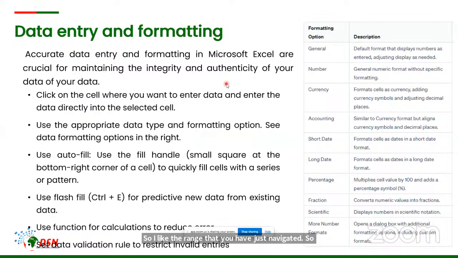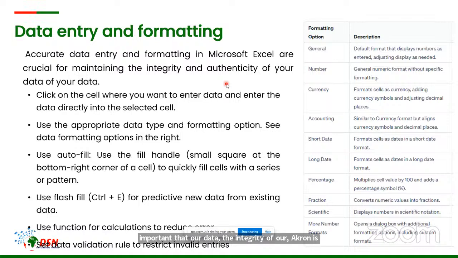Now, on to accurate data entry. When we enter data in Microsoft Excel, for our data to be authentic and to retain integrity, it is very important that the integrity of our data is intact, that our data is actually saying what it is meant to say.